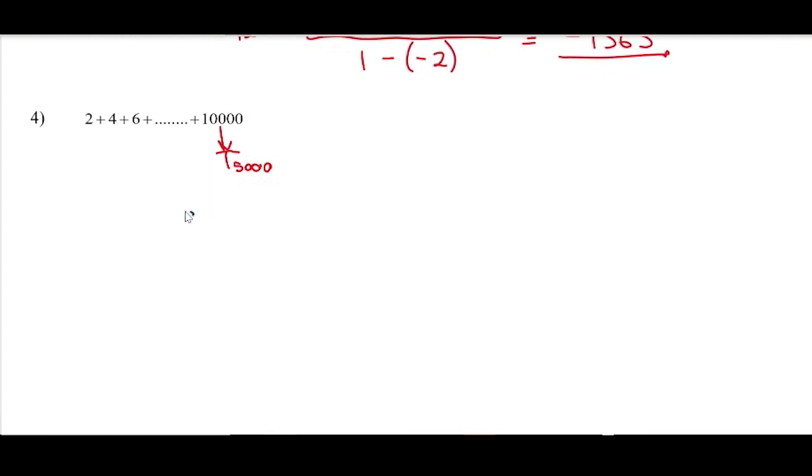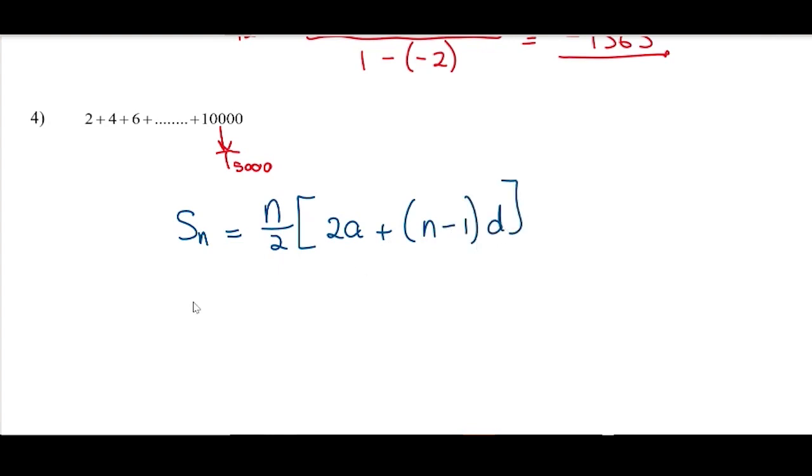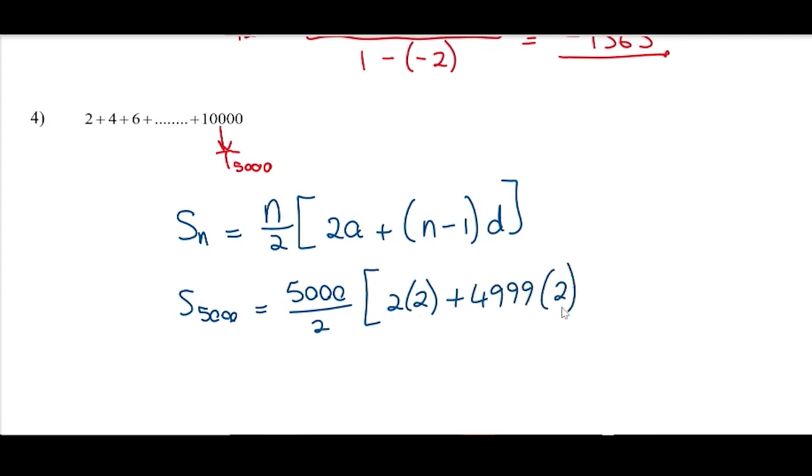This is arithmetic, so I'm going to be using this formula. Could use the sort of variation of it where I use the first and last term, but let's not do that right now, right? So the sum of 5,000 will in fact be 5,000 over 2. 2 lots of A is 2, plus 4,999 lots of D. And D is in fact also 2.